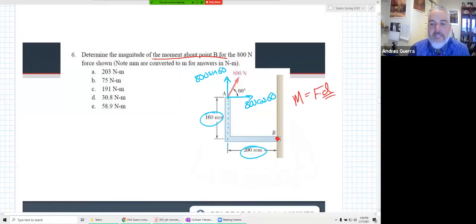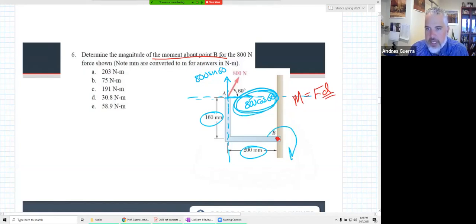Okay. So we have 800 cosine 60, 800 sine of 60 right there. And then remember, these lines of action extend infinitely in both directions. And so we can think about these forces being applied anywhere along those lines of action, and then whether they cause negative or positive. I think the horizontal component, that 800 cosine of 60, is going to cause a rotation that way about point B, which would be negative.